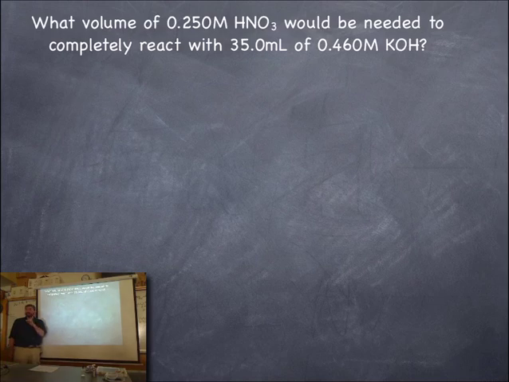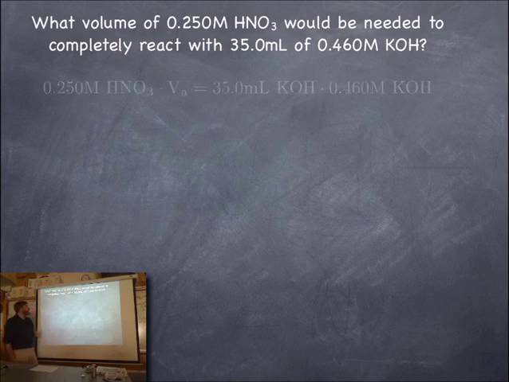Again, the key here, don't make this problem harder than it needs to be. We know that for these to neutralize, to completely react, to find the end point, to titrate, the moles of acid have to equal the moles of base. That tells us that the molarity times the volume of acid has to equal the molarity times the volume of the base. That's the key, that's the trick to doing these problems.